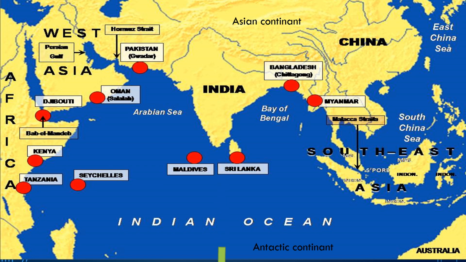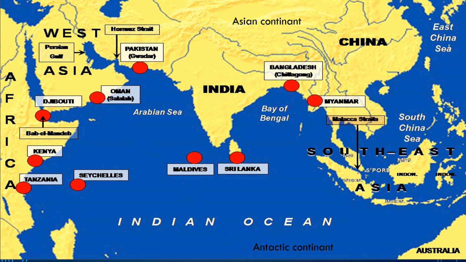India and Sri Lanka are separated by Palk Strait, a strip of sea with a width of 32 kilometers. On the west of Sri Lanka there is the African continent and the Antarctic continent is in the south.